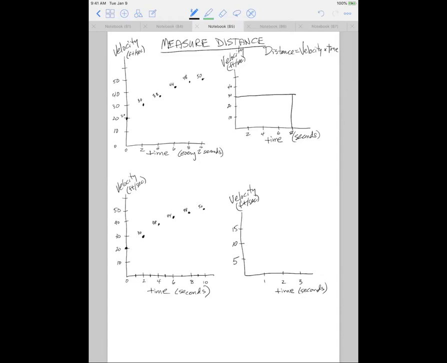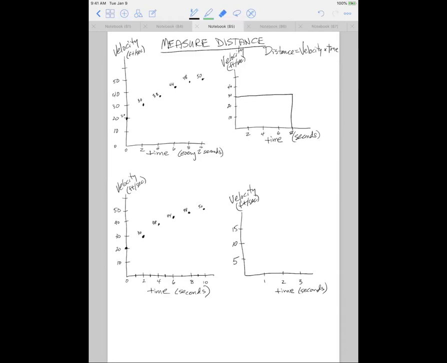I'm going to start up here on the top right diagram. If we were talking about a vehicle or some type of traveling that was moving along at a velocity of 30 feet per second, you've got feet per second velocity on the y-axis and time on the x.